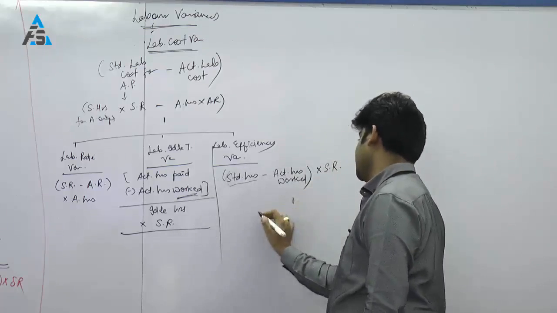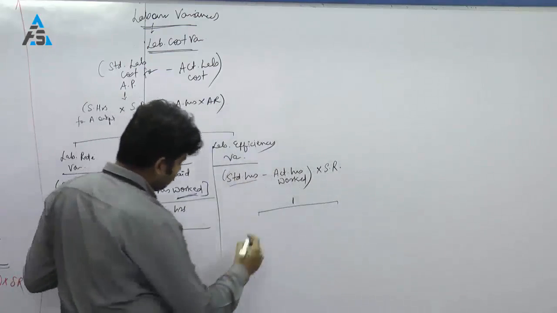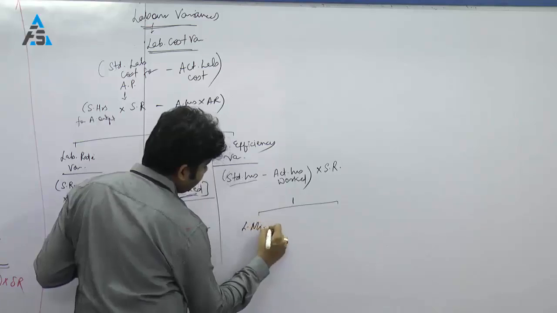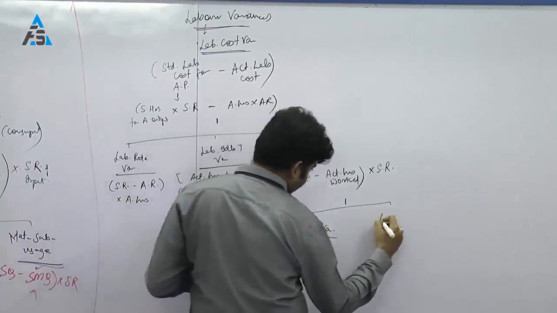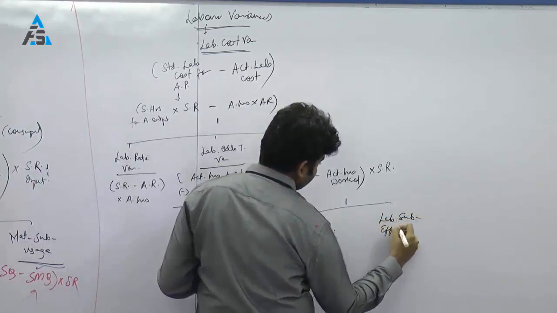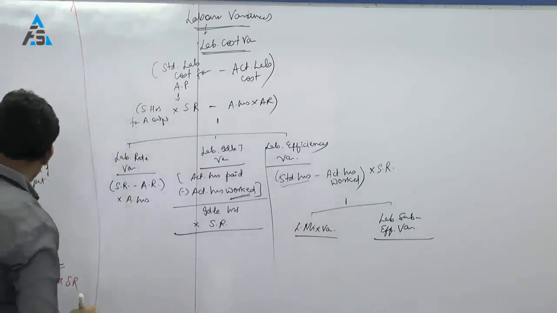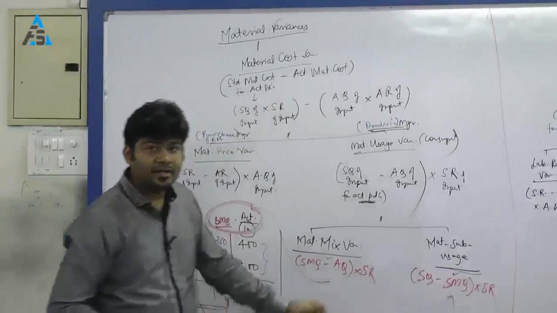This labor efficiency variance will be further subdivided into two parts: labor mix variance and labor sub-efficiency variance, using the same concept that we had in material.